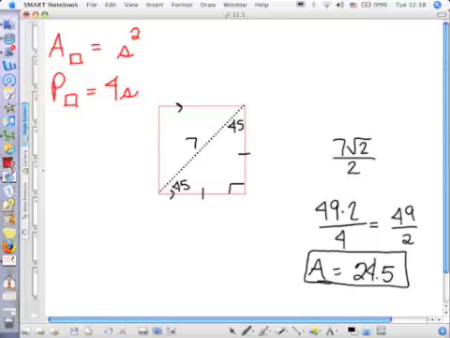Now, how? If I square this expression, it means I'm multiplying 7 times 7 to get 49, the square root of 2 times the square root of 2 to get 2, and 2 times 2 to get 4. And then instead of multiplying 49 and 2 together and then trying to simplify, I reduced 2 and 4. And 49 over 2 is equal to 24.5.